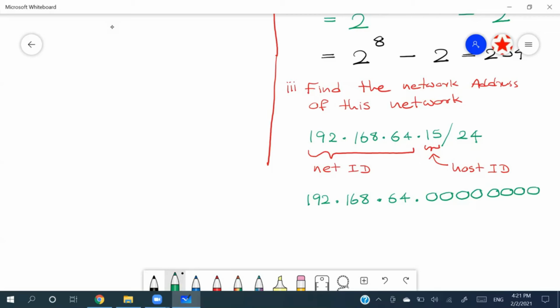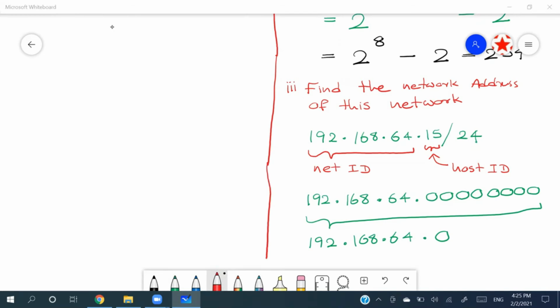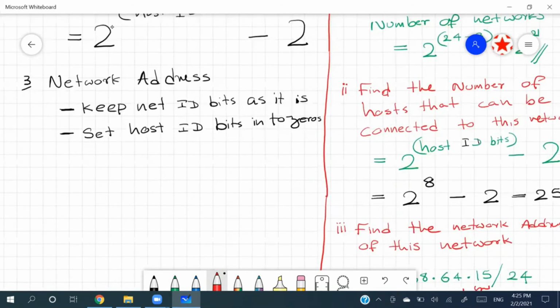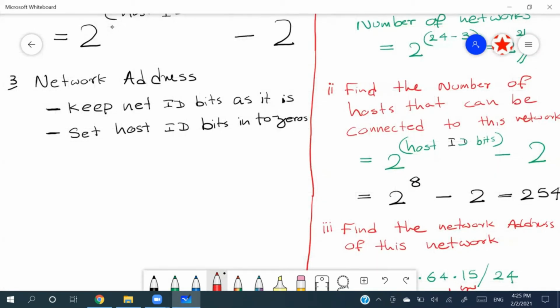So which gives you the IP address 192.168.64.0, which is the network address. So the fourth one, I'm going to introduce you to the broadcast address.